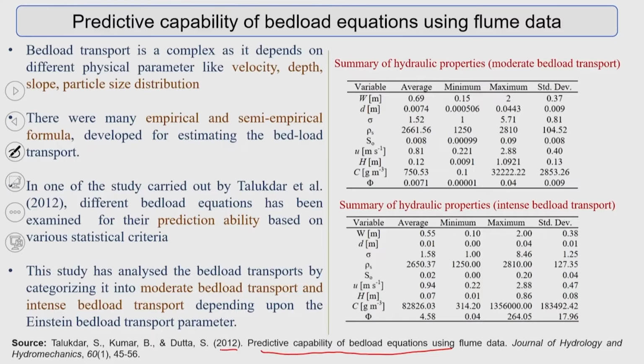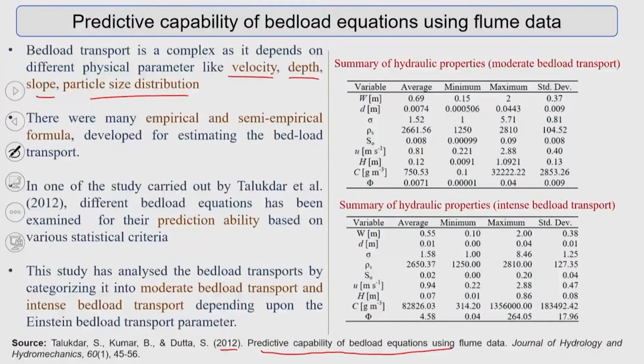Flow characteristics we considered include the velocity, the flow depth, the bed slope, and particle size distributions. Some of the equations are empirical, without any basic concept, and some are semi-empirical, partly analytically derived and partly established as a relationship.